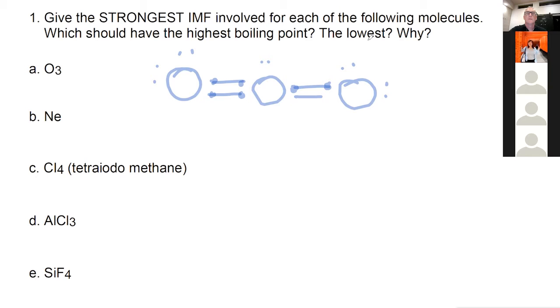Is it because they break the octet rule? That's right. The oxygen in the middle has how many electrons total? 10. It has 10. Can oxygen do that?